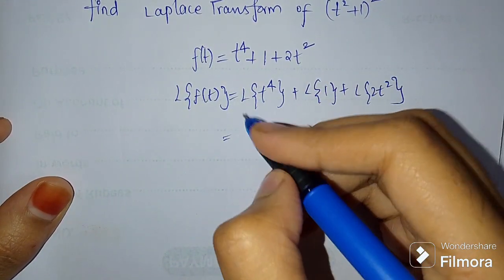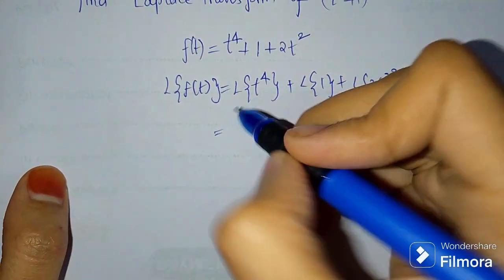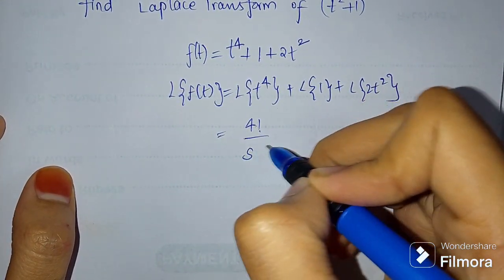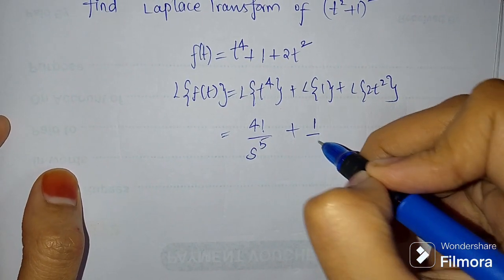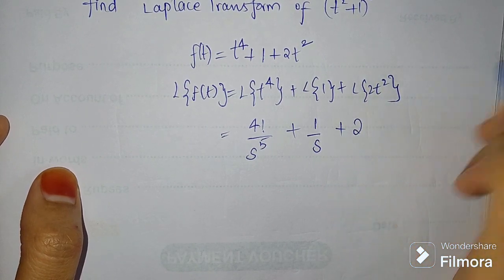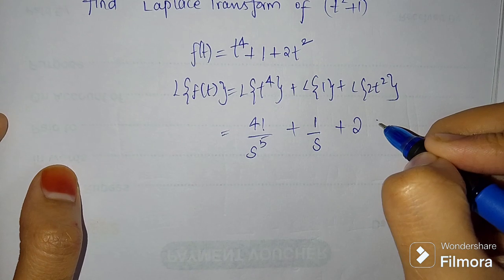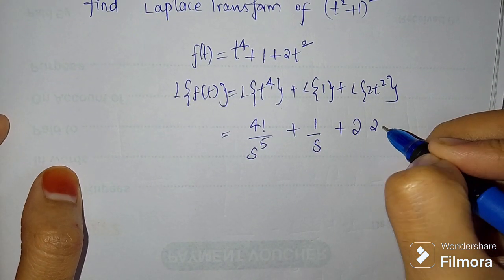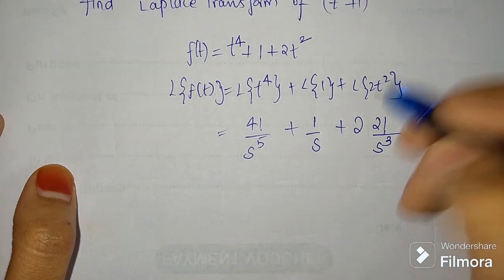Now you know the formula for t power n: n factorial by s power n plus 1. What is Laplace of 1? 1 by s. Laplace of 2t square: the constant simply put outside and write Laplace for t square, which is n factorial, meaning 2 factorial by s cube. Over.